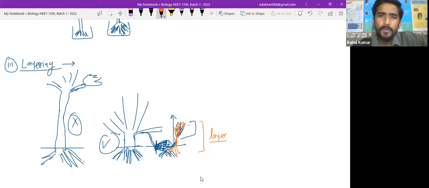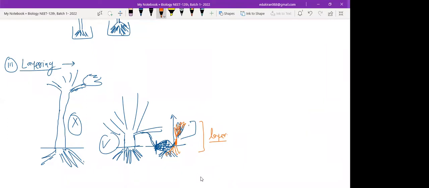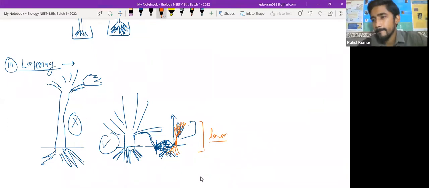So one example could be bonsais. You remember bonsai plants? Who knows bonsai? I know somewhat. Yes, Arvind. What do you think is a bonsai?